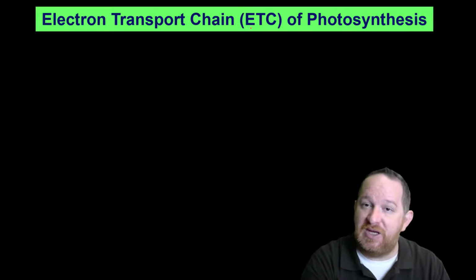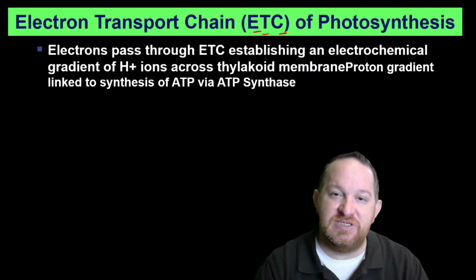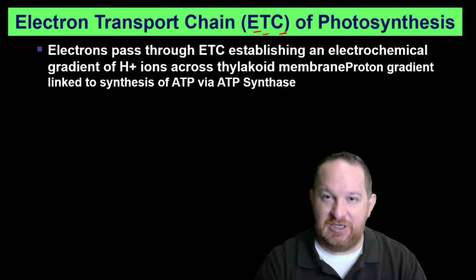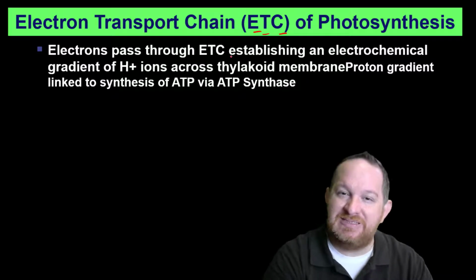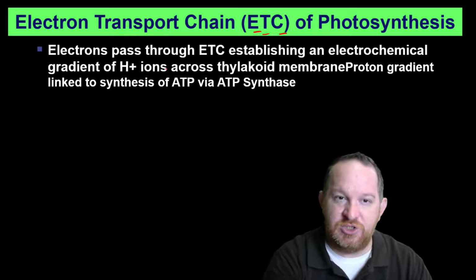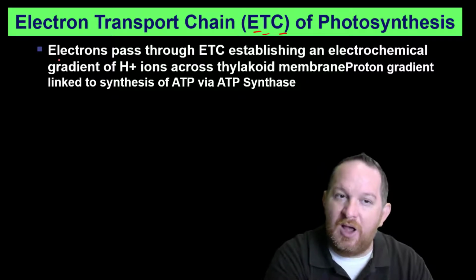Okay, so this is where it gets pretty complicated. We're going to talk specifically about the electron transport chain, abbreviated ETC, of photosynthesis. So what is this electron transport chain? Basically what's happening here, and I'm going to show you an image, but here, these are the words.